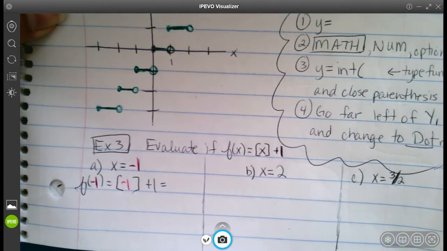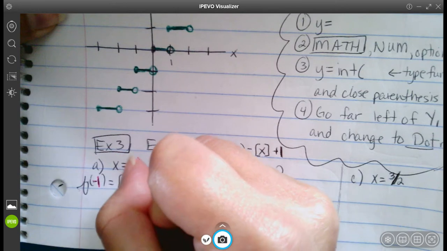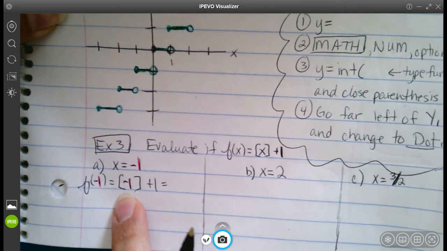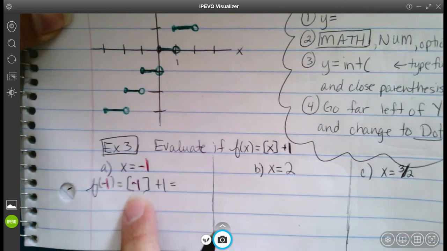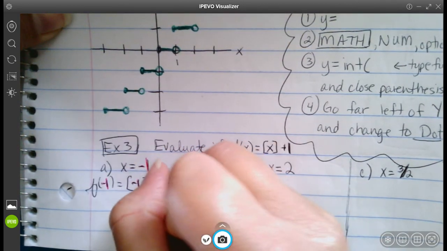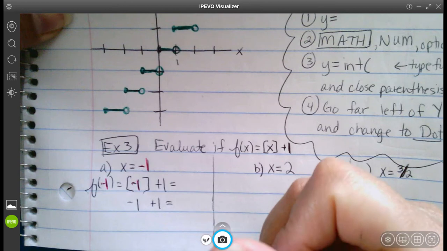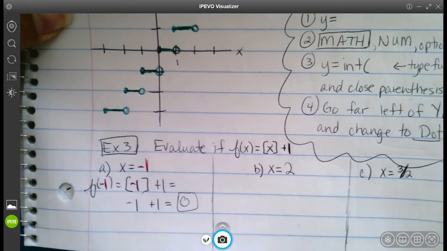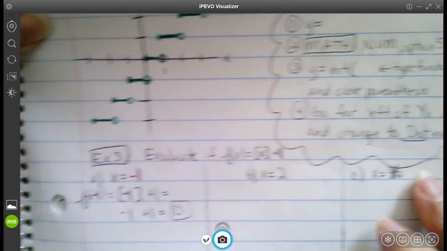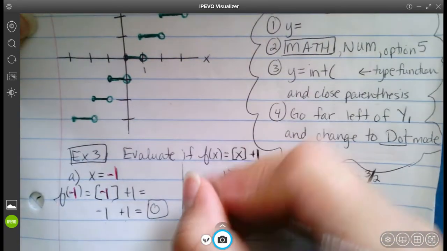Okay. Remember what I said earlier, that if the number in here is already a whole number, then our job is pretty much done. It stays the same. So the step of -1 is still equal to -1. So I'm just going to bring the other one down. -1 plus 1 is 0. Okay. Next one. Hopefully you should know the answer for this one already.